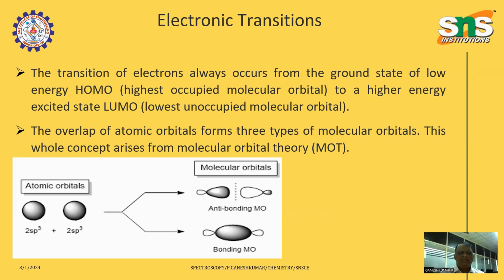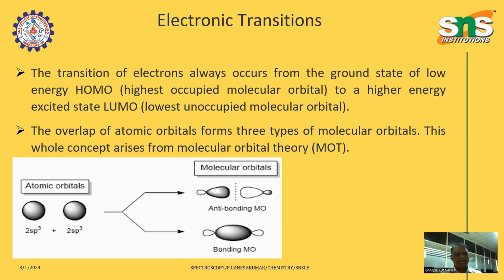So what happens when ultraviolet light interacts with the molecules? The electrons present in the highest occupied molecular orbital will get transferred to the lowest unoccupied molecular orbital. Atomic orbitals can combine to form a molecular orbital.